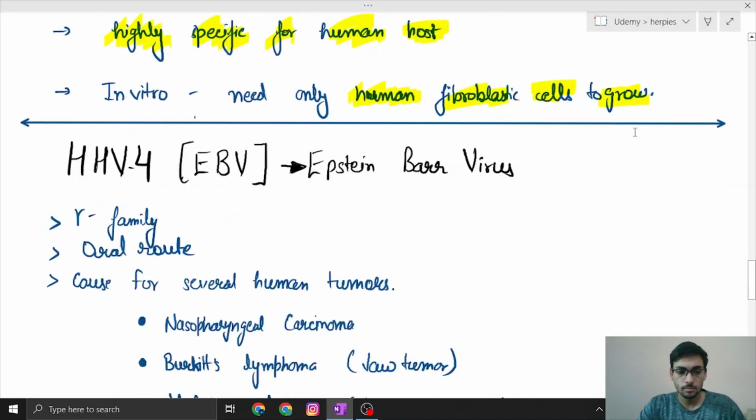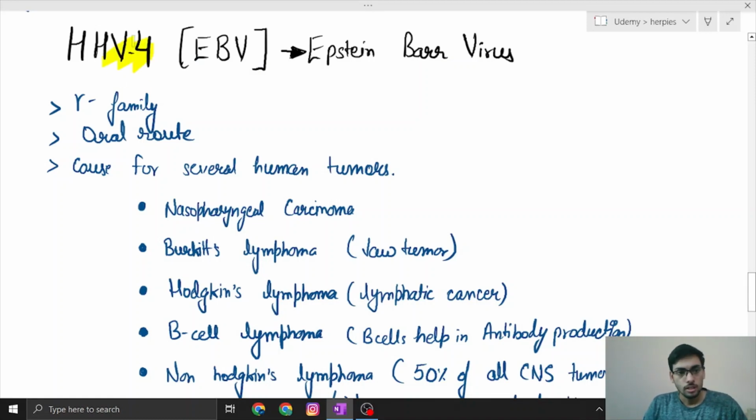Then we will discuss HHV4, human herpes virus type 4, which is Epstein-Barr virus. Epstein is the scientist who worked on it, that's why its name is like that. This belongs to the gamma family, and the oral route is its route of entry.